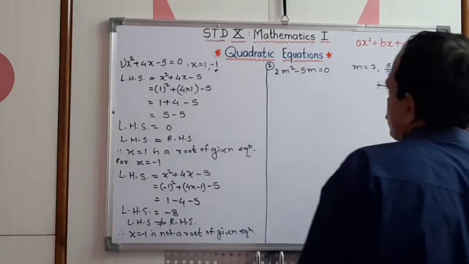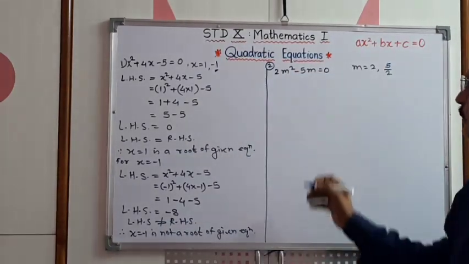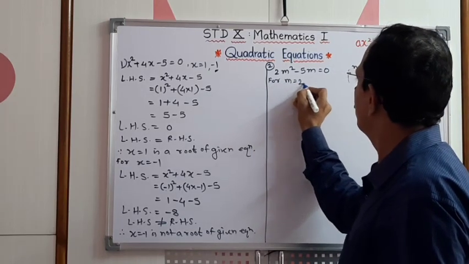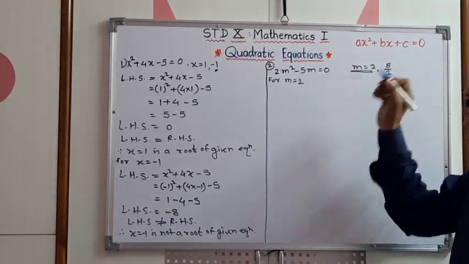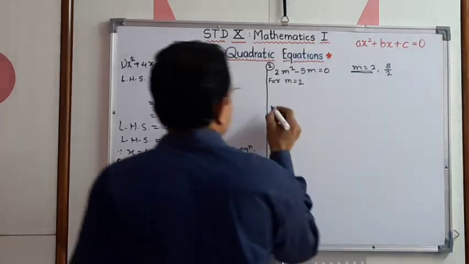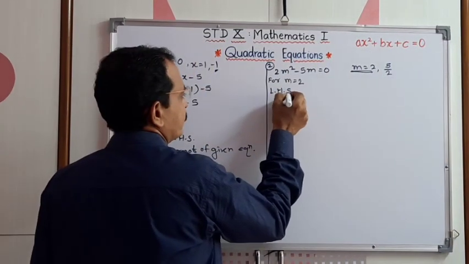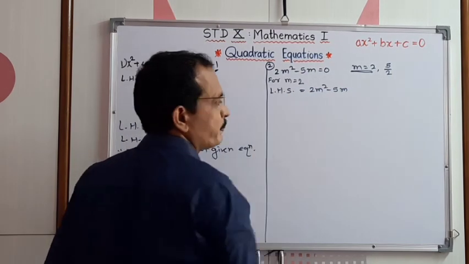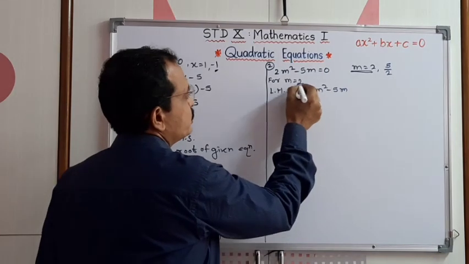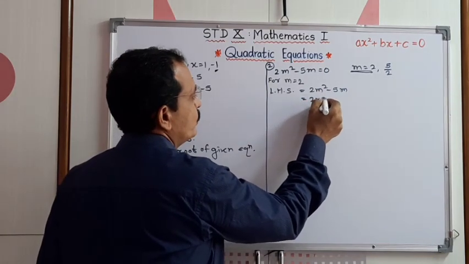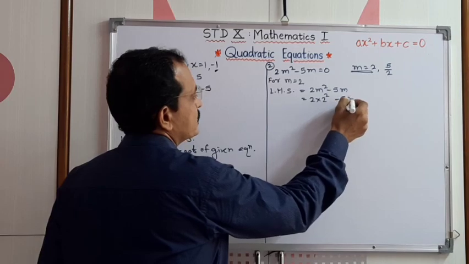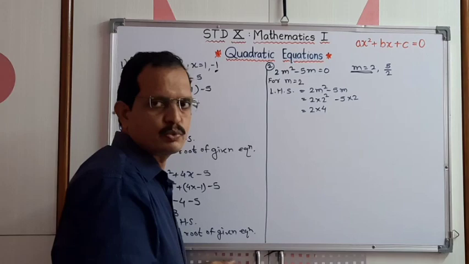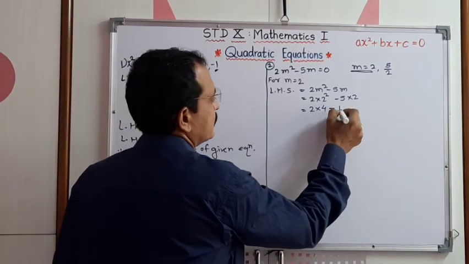Same way, we have to solve the second one. For m is equal to 2, LHS equal to 2m square minus 5m. Now put m is equal to 2. Therefore 2 into 2 square minus 5 into 2. 2 into square of 2 is 4 minus 10.